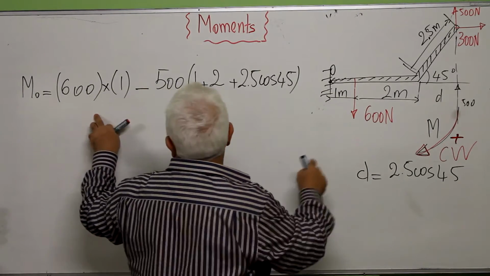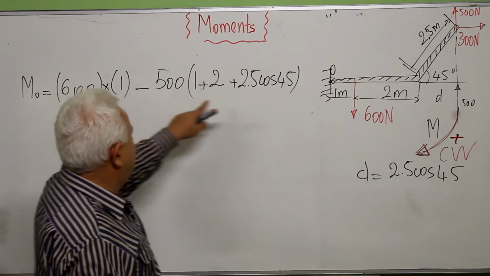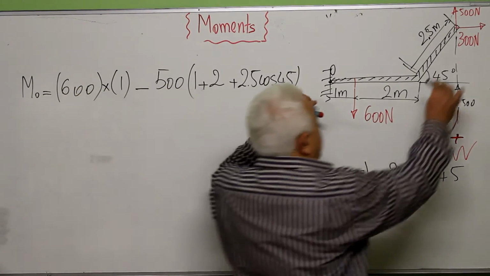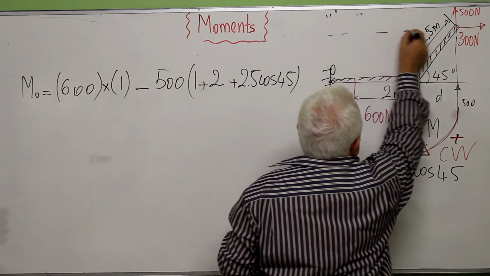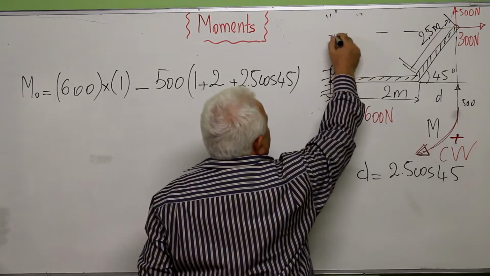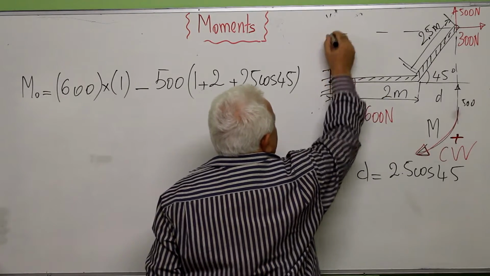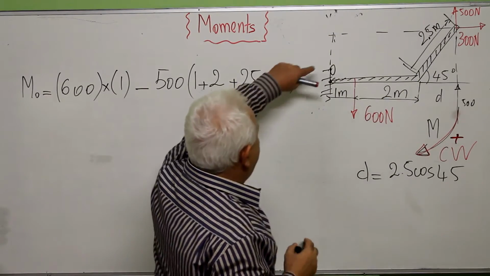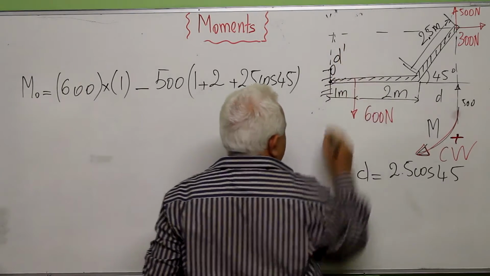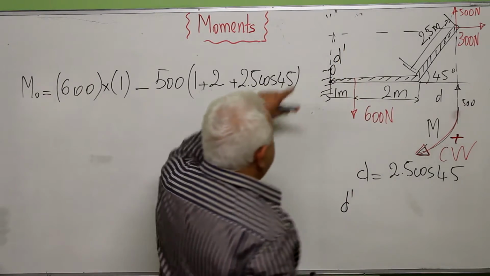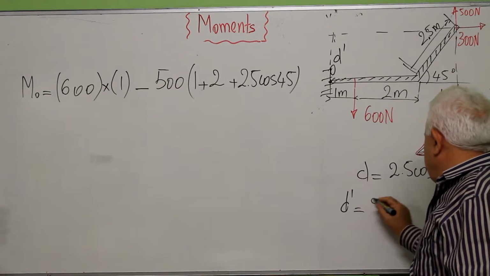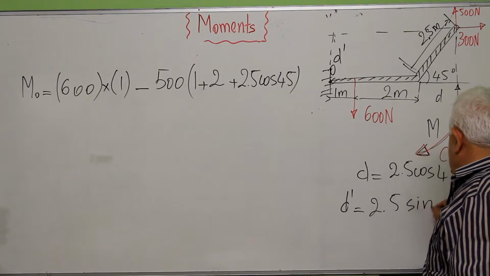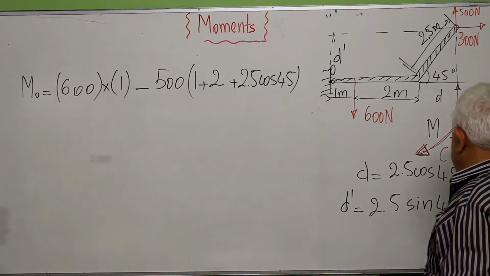This is the moment of the first force, the moment of the second force, and now the moment of this third force, line of action. Okay, and here this distance d dash, I find it here, which is 2.5 sine 45 degrees.